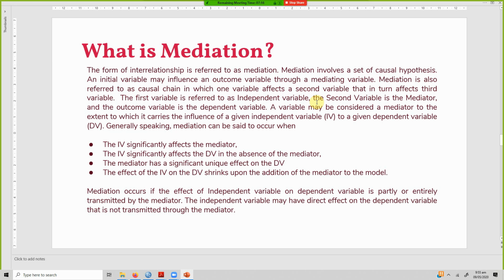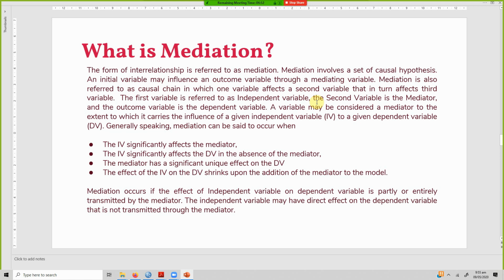Third, the mediator has a significant unique effect on the dependent variable. The mediator must influence the dependent variable in order to have a clear path from IV to MV and MV to DV. Fourth, the effect of the independent variable on the dependent variable in the presence of the mediator is shrunk.